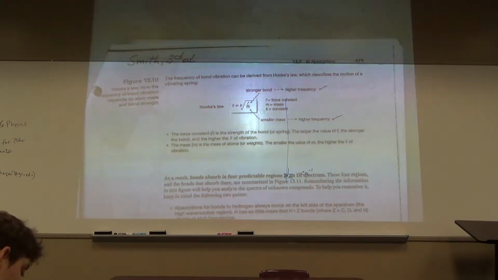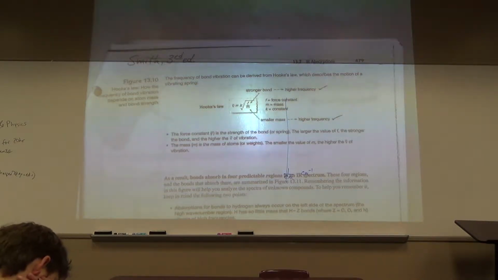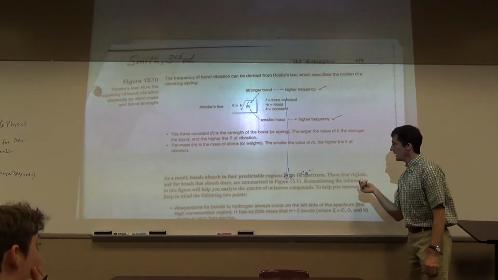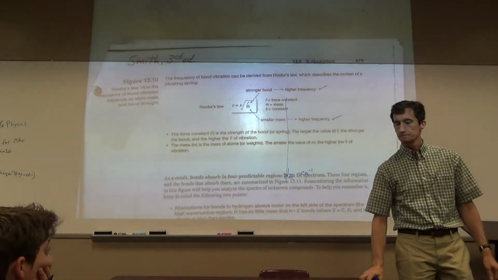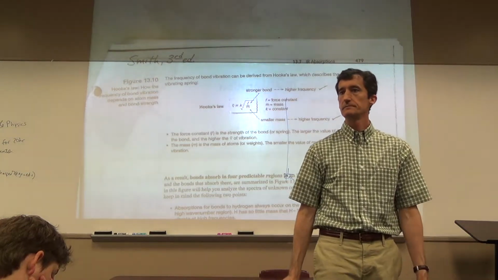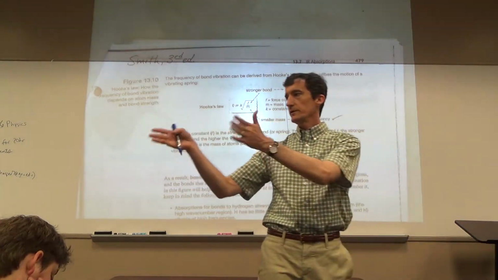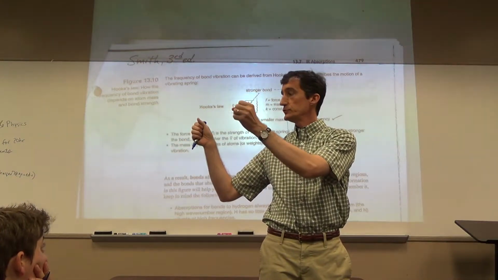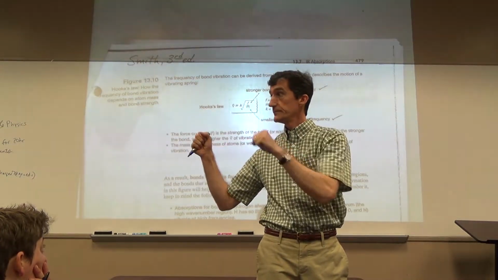So, let's go back. Let me ask you a question here now. Say we had two bonds, okay? One bond over here, Andrea. You have two marbles on the end, okay?